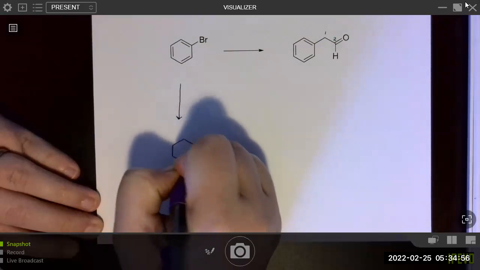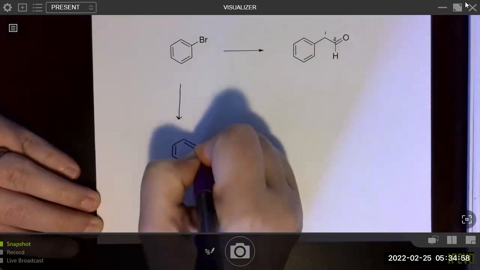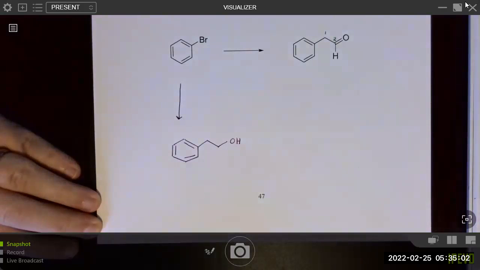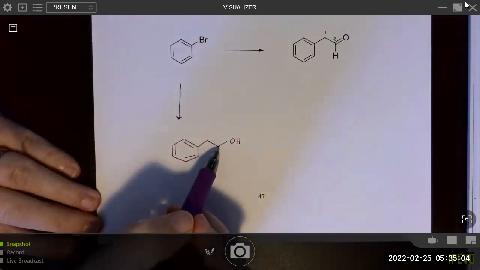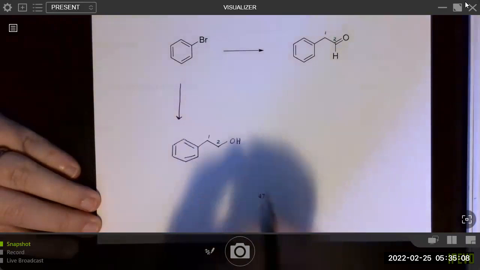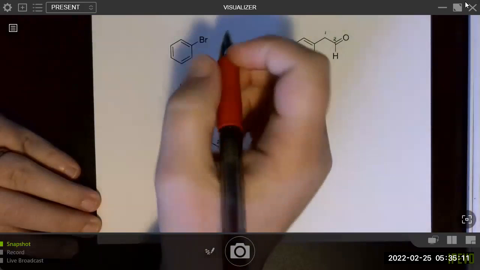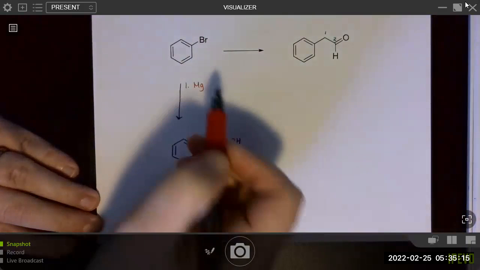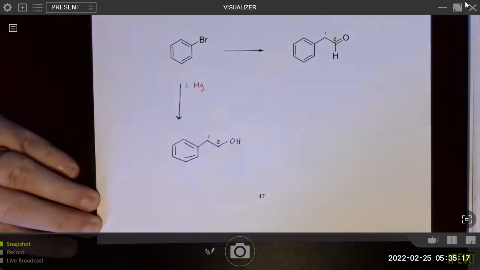Again, we're going to use an epoxide. That will allow us to get an alcohol where again, that alcohol is at carbon 2. The conditions here are formation of the Grignard with magnesium. Remember, that will insert in between the carbon halogen bond.